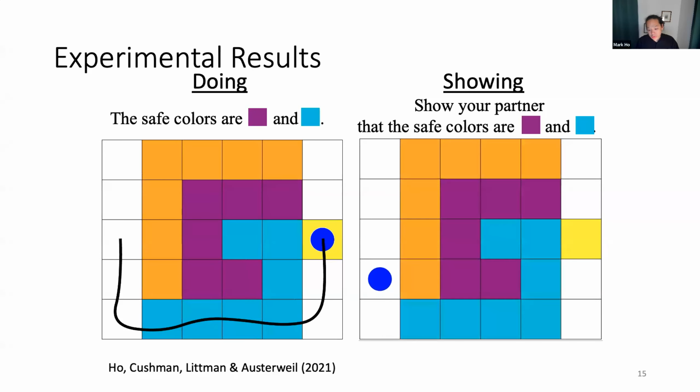In this case, people would tend to do things like this, where they would go down and around to avoid the orange, but they would also be sure to cross both the purple and the blue, which we can represent like this. So these are two slightly different trajectories that you could take on this same maze, depending on if you're simply doing the task versus communicating the task to another person.